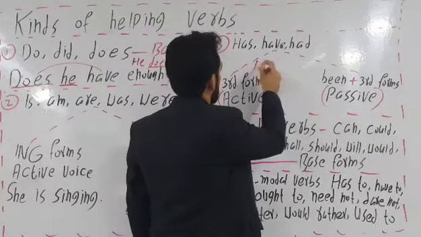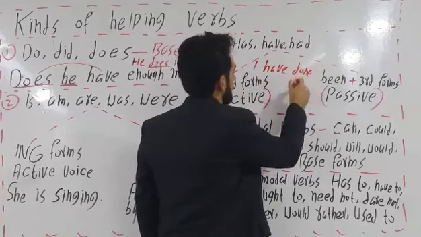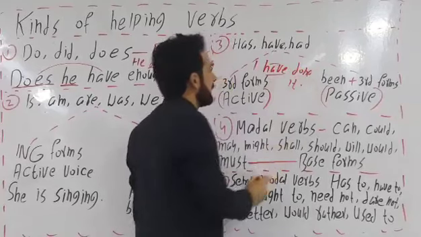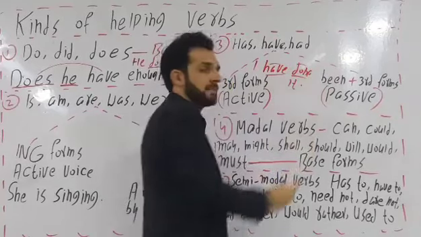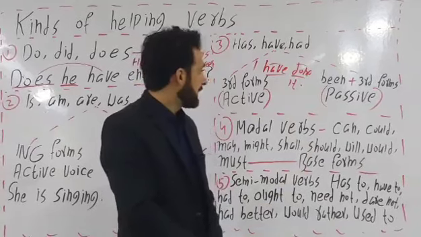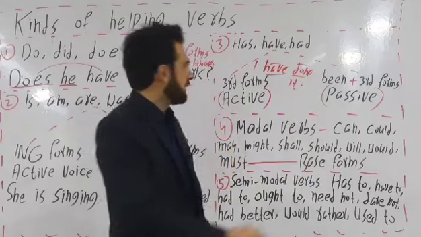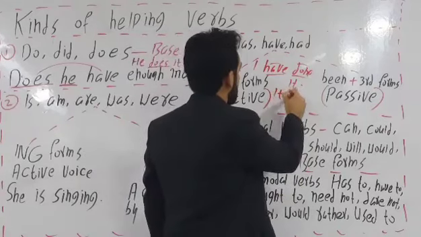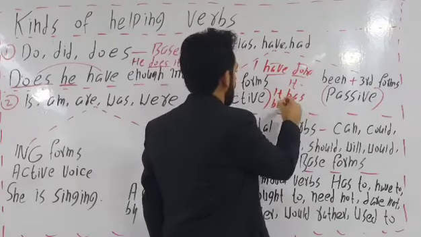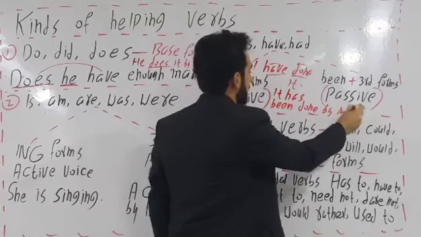For example, I have done it. Have is followed by done, which is the third form of the verb. If the sentence is passive voice, these will be followed by been plus third form. For example, it has been done by me.